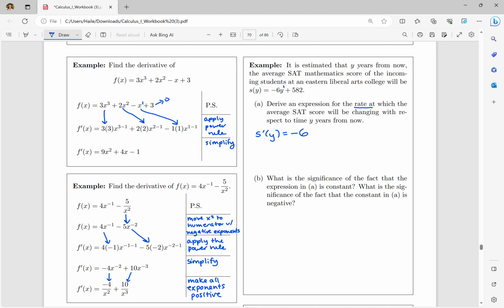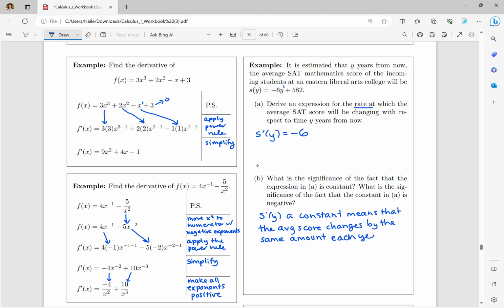Part B says, what is the significance of the fact that the expression in part A is a constant? Well, s prime of y, a constant, means that the average score changes by the same amount each year.